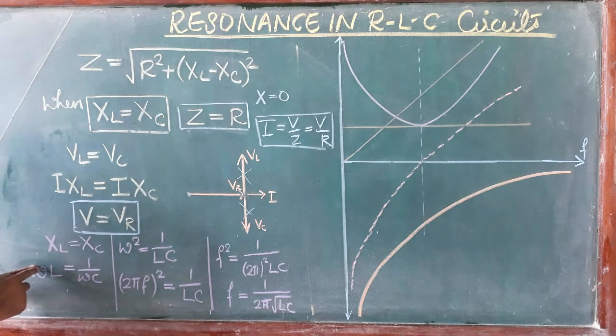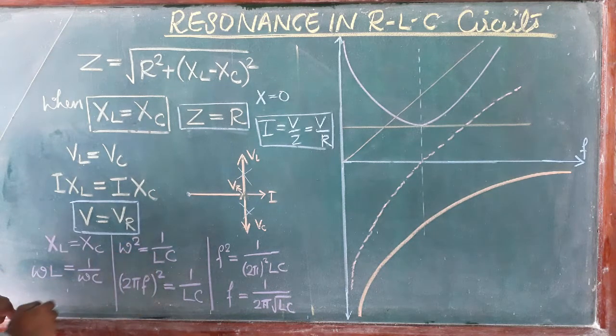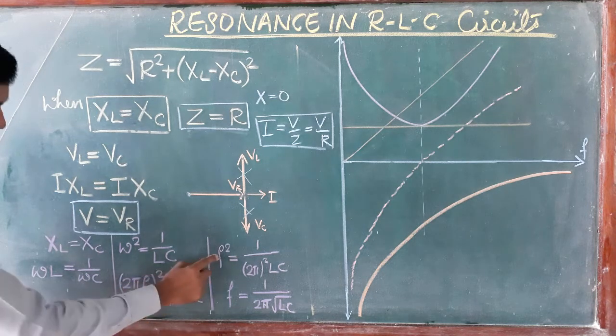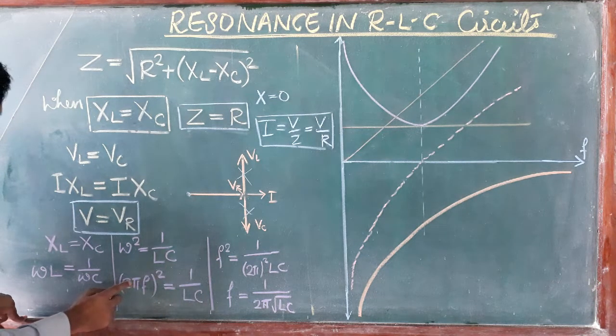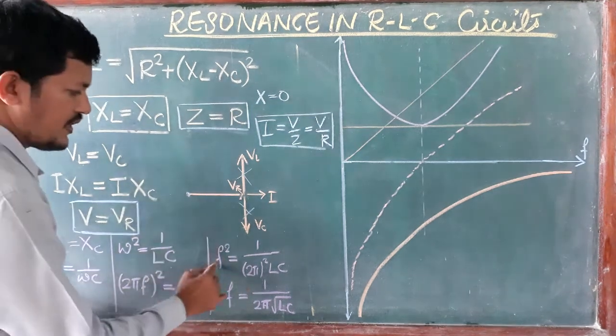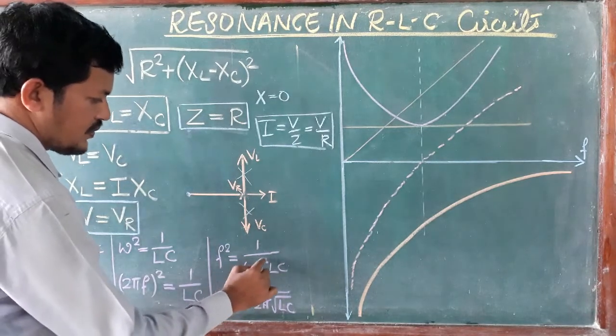So omega squared equals 1 by LC. Omega means 2 pi f, so (2 pi f) squared equals 1 by LC. Taking f squared, 2 pi goes to the right-hand side denominator, so f squared equals 1 divided by 4 pi squared LC.